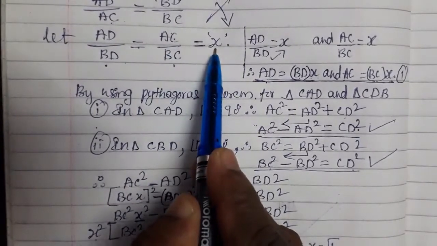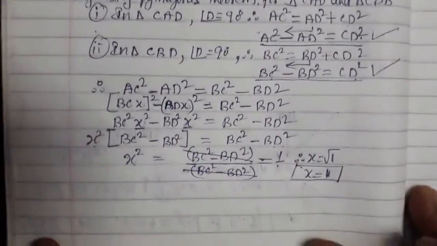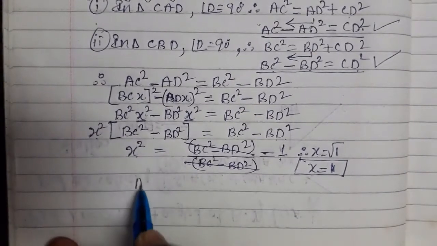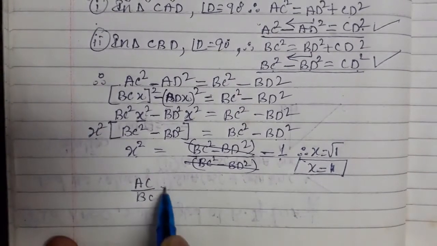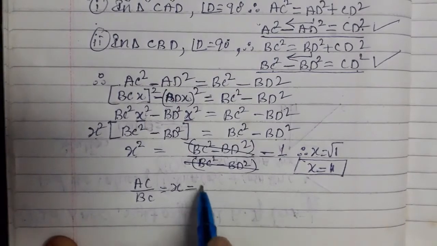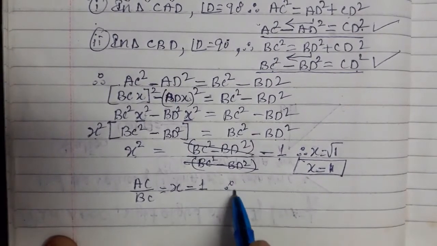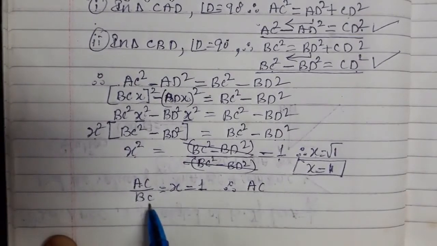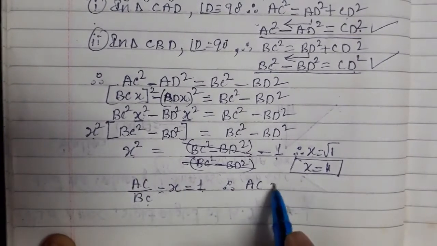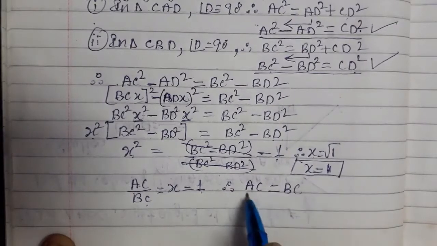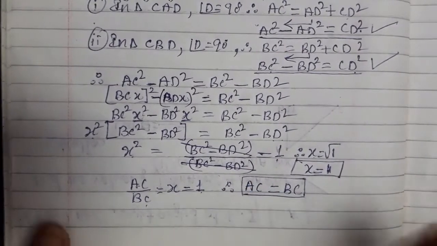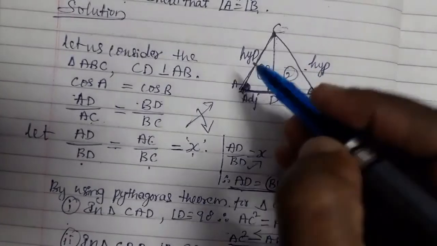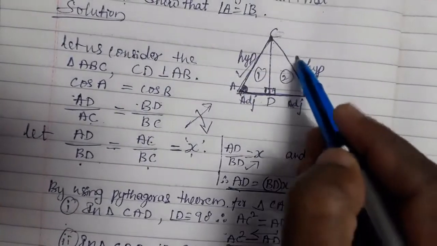Now you have to see here, AC by BC is equal to x. I got the value of x as 1. Therefore AC by BC is equal to 1, so AC is equal to BC. Now in this triangle I got AC equal to BC.